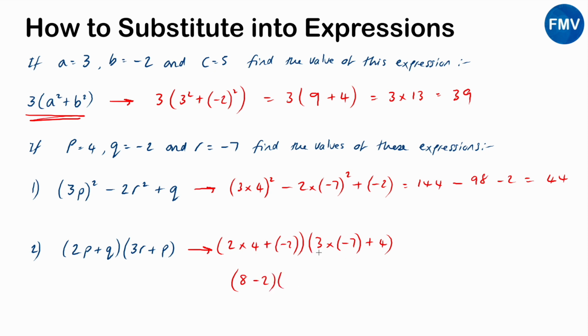This bit over here. 3 multiplied by minus 7 is minus 21 plus the 4. Now that there, let's put the equals there, that there becomes 8 minus 2, which is 6, multiplied by minus 21 plus 4, which is minus 17. So now 6 times 17 is 102. So a positive times a negative is a negative. So that becomes minus 102.